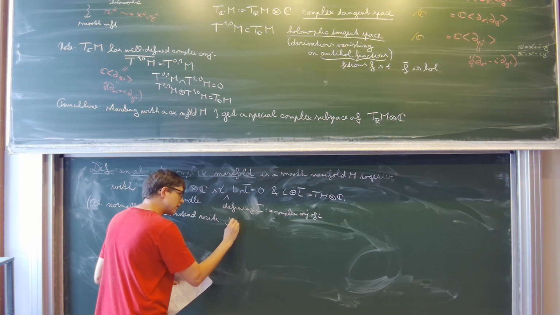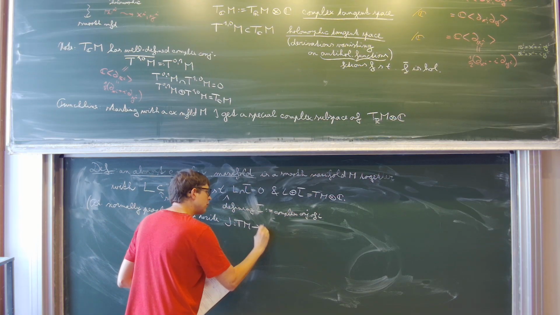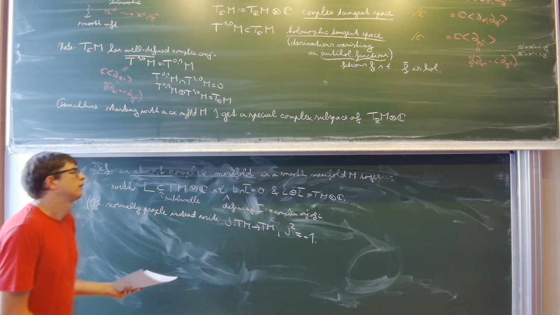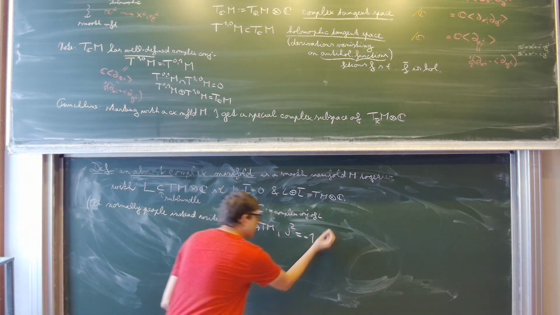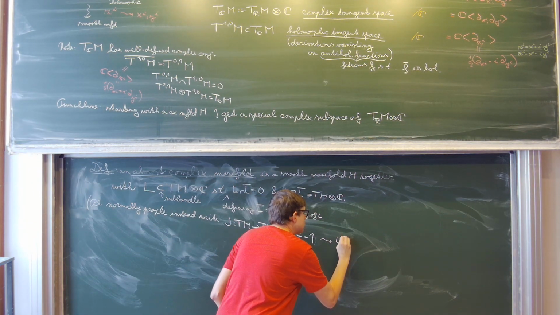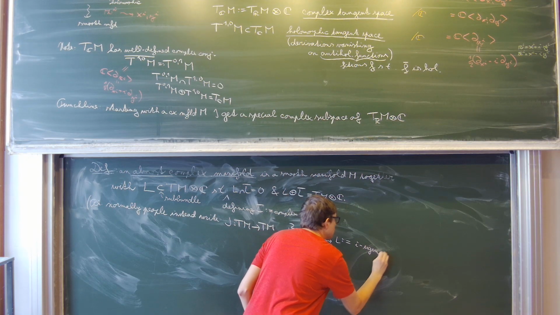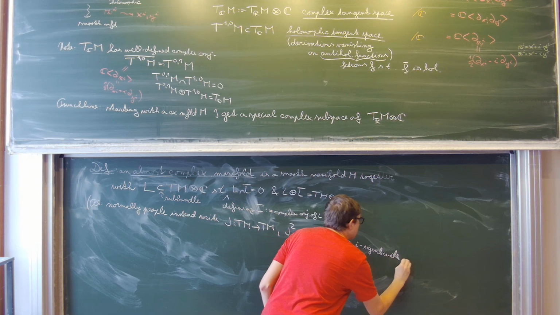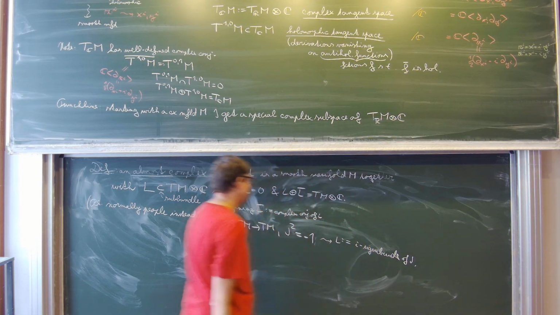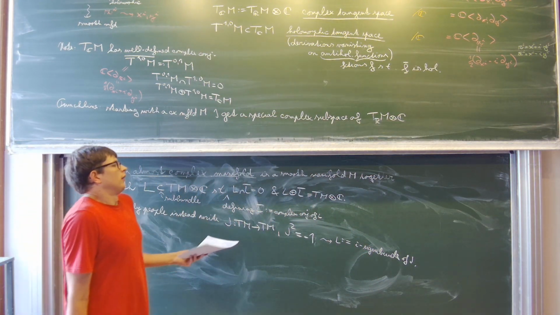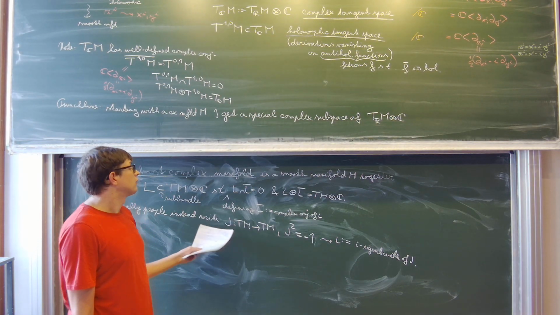They say that you have a tensor J which goes from TM to TM and which squares to -1, and then L is defined to be the i-eigenbundle of J. It's precisely the same data, or at least it should be.